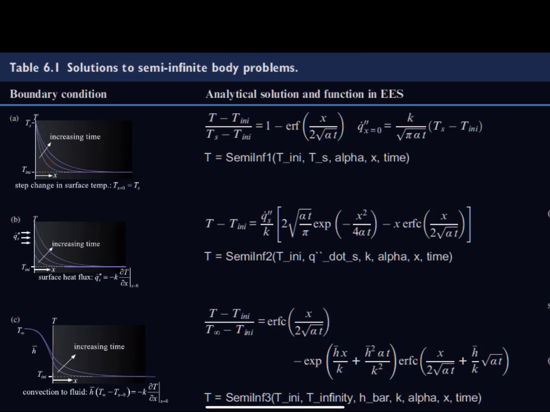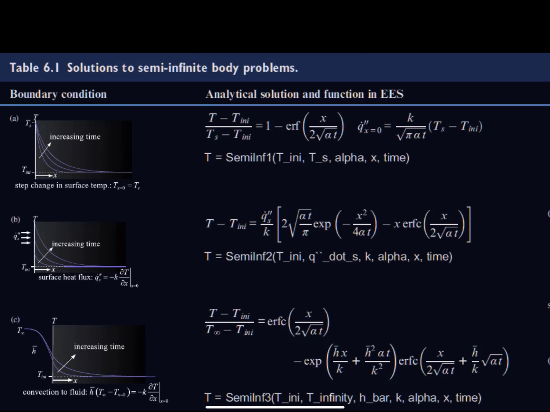The solution to this is actually given by this equation over here. So on the left-hand side, you see this normalized temperature, where we have a temperature minus the initial temperature over the surface temperature minus the initial. So this is always going to be between 0 and 1. And then we have this error function that's sort of dictating how the temperature varies as a function of x and as a function of time.